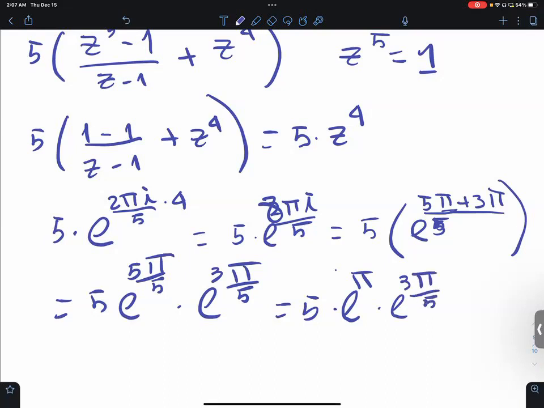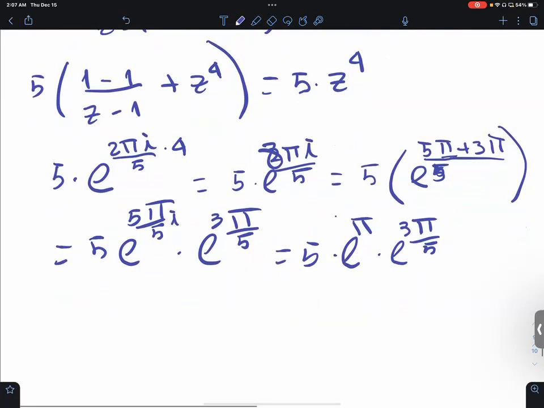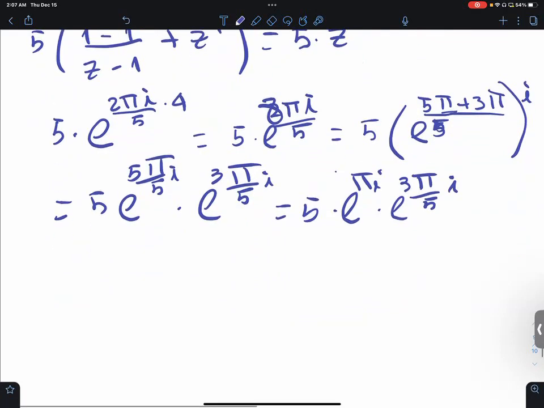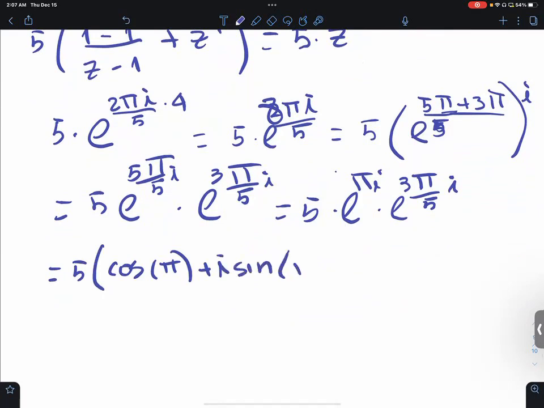But there's an i everywhere. e to the pi i is -1, because this is cosine of pi, which is -1, plus i times the sine of pi, which is 0, times e to the 3 pi i over 5.